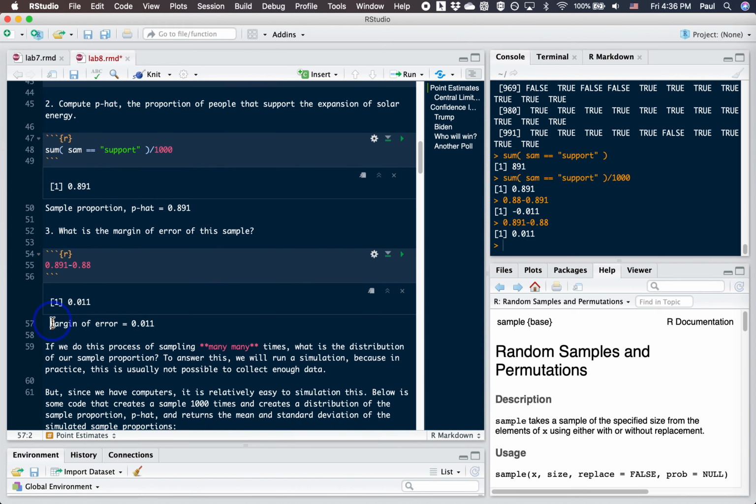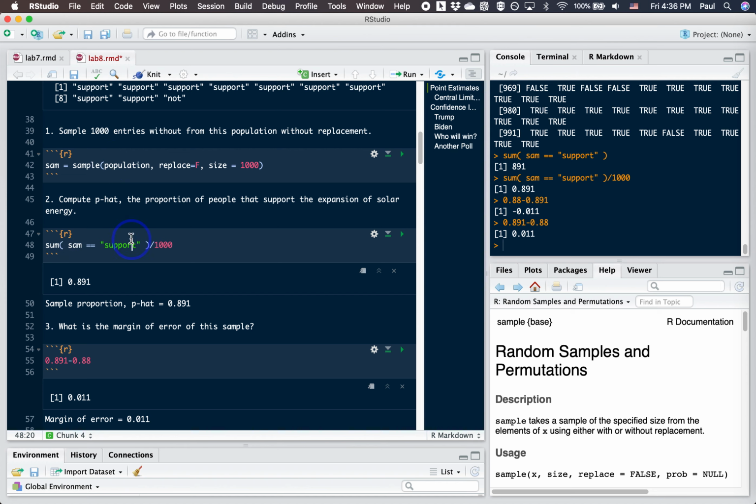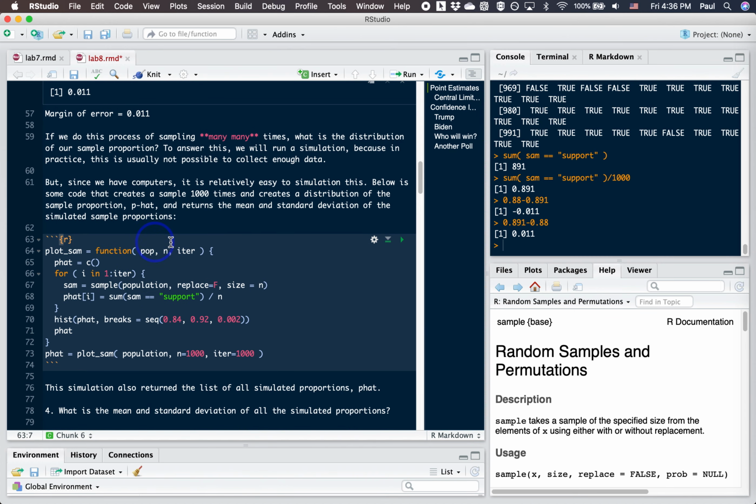This lays the groundwork for what we're going to do, talking about a distribution of sample proportions. What if we repeat this process many, many times and want to know what is the sampling distribution of these proportions that I drew? If I run this code, say 1,000 times, I can make a histogram of the different proportions we get, and that's exactly what you see here.